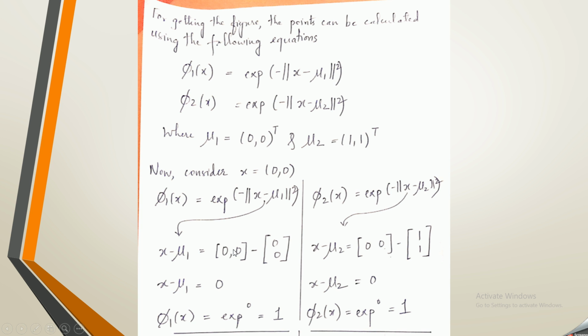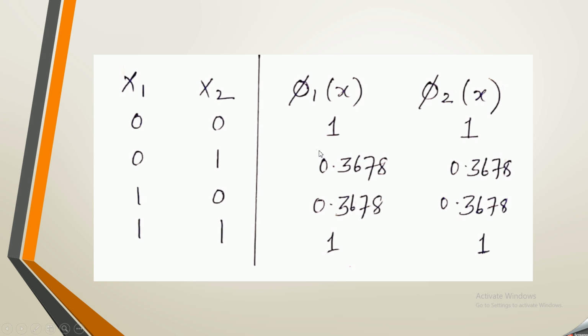When we perform the subtraction, we get 0. So this entire thing becomes 0, and e raised to 0 is equal to 1. And that is why we get the output over here to be 1.